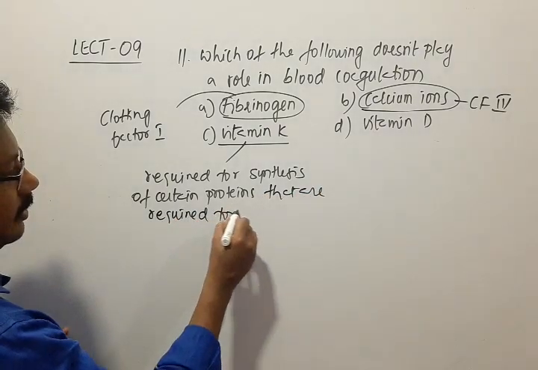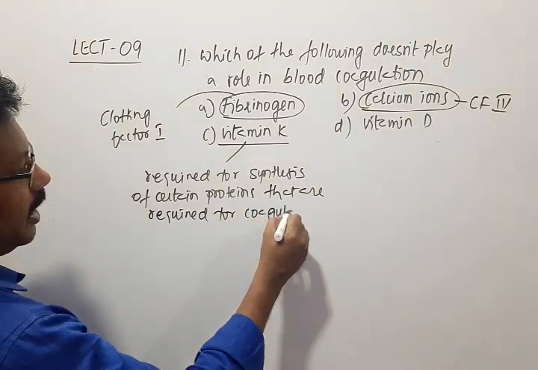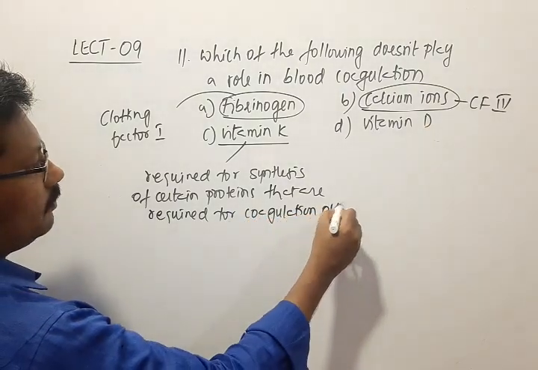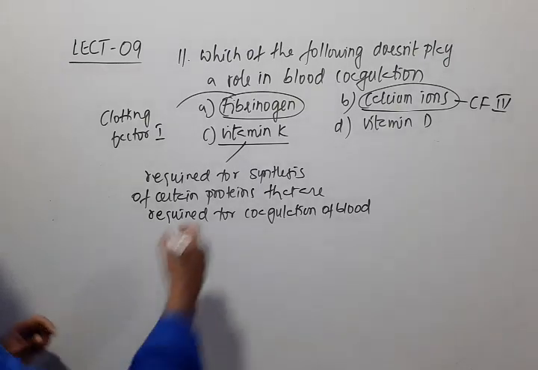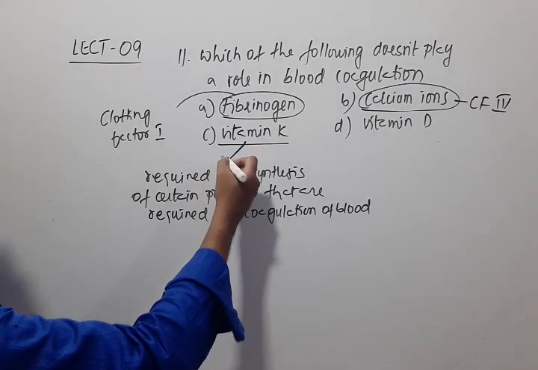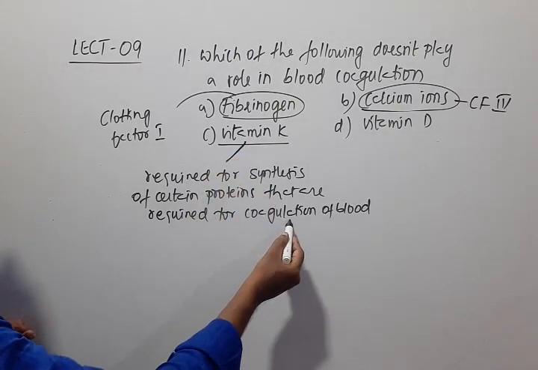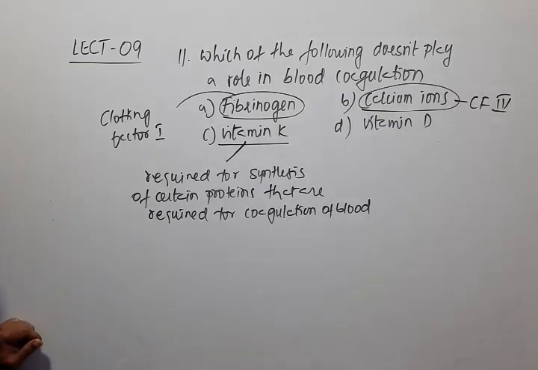Vitamin K will also help in controlling the binding of calcium in bones and other tissues. So for that we understand that vitamin K is very much important for the coagulation of blood.